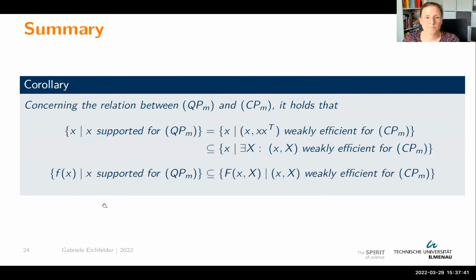So here is a summary of the results. The supported solutions of the quadratic problem, the original one, delivered to us weakly efficient rank 1 solutions of the relaxed problem, which are a subset of the set of all possible solutions of the relaxed problem. And the values, as long as we only take supported solutions of the original problem, are in fact a subset of the values of the weakly efficient solutions of the relaxed problem, but still always supported here.